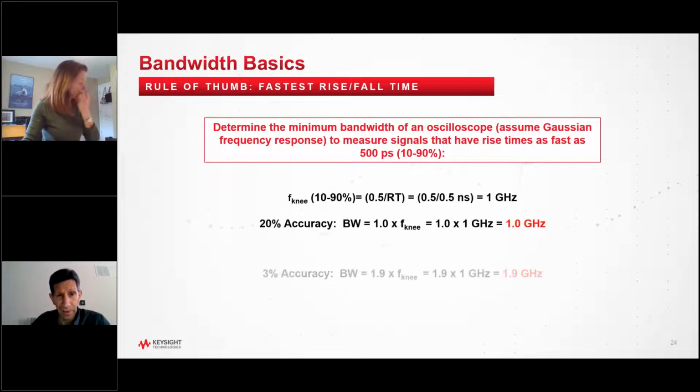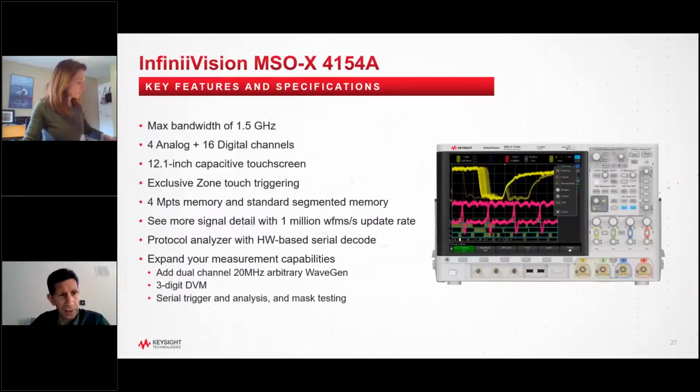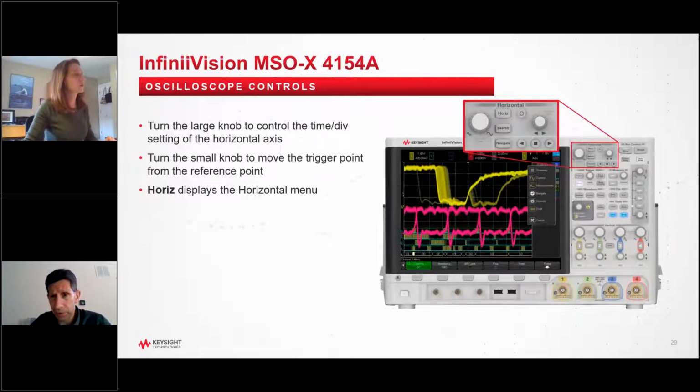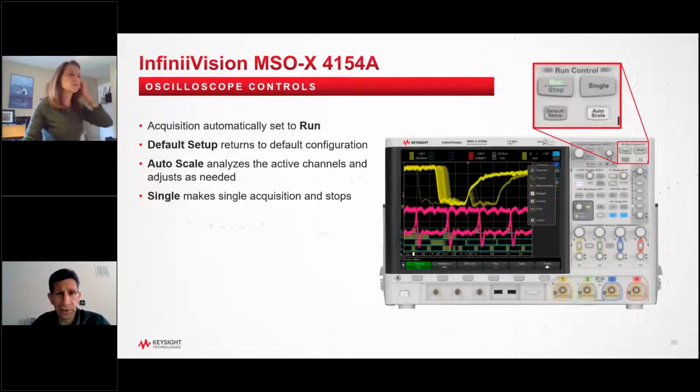All right, I'm going to move on. We're not going to cover the controls here. If we were doing this in person, using either this scope or another one, we'd run through the front panel controls.